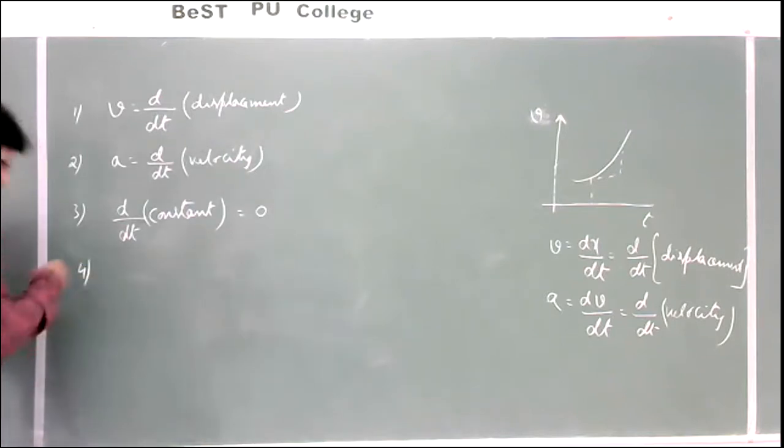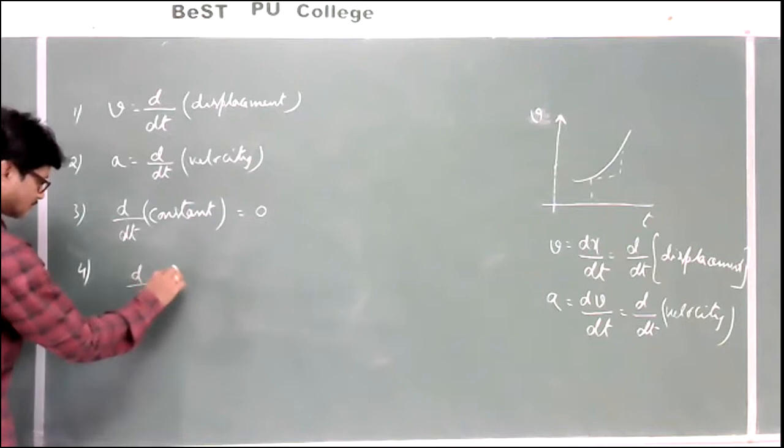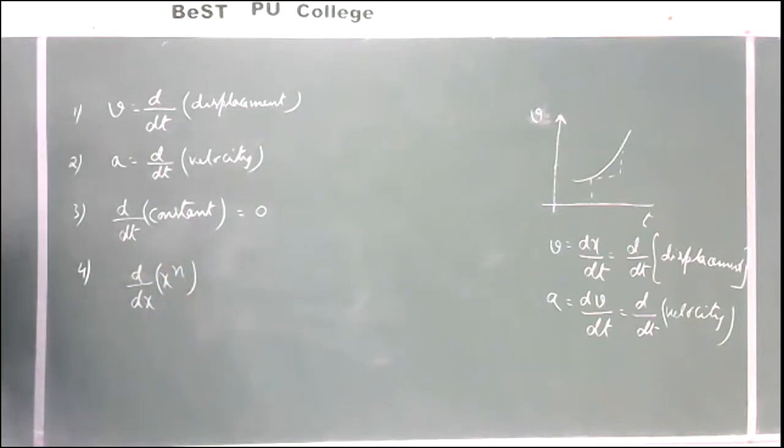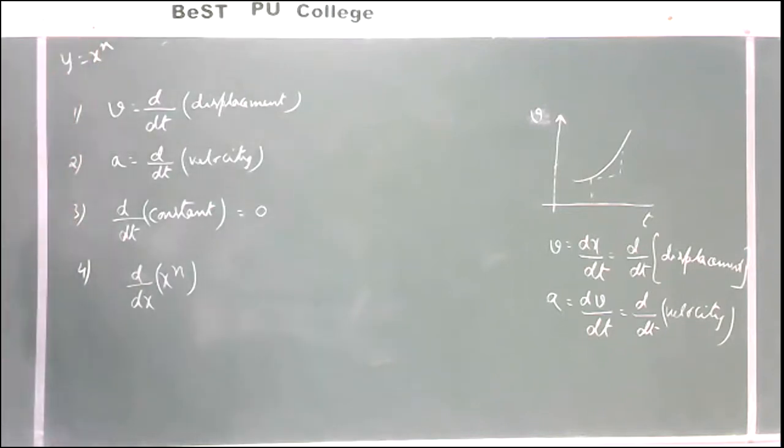Fourth one, the formula to remember: d by dx, this is the basic formula, d by dx of x to the power of n. Here y is a function of x, y is equal to x to the power of n. If you want to find the slope of this curve, then we have to differentiate x to the power of n with respect to x.